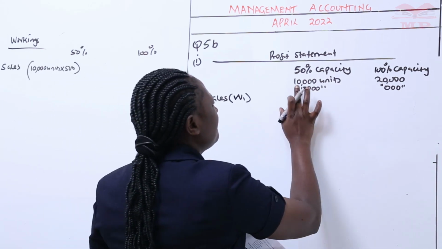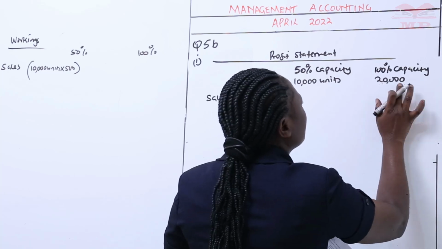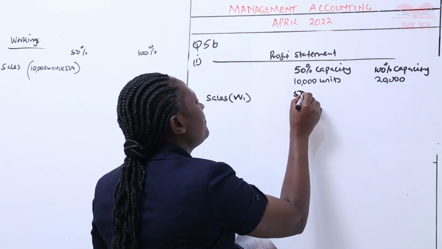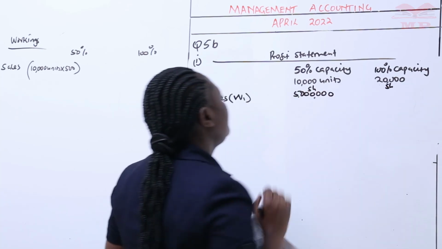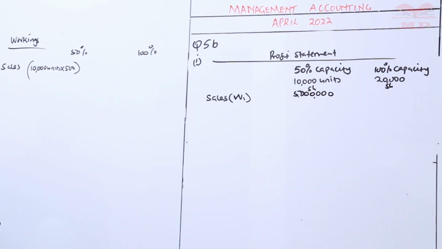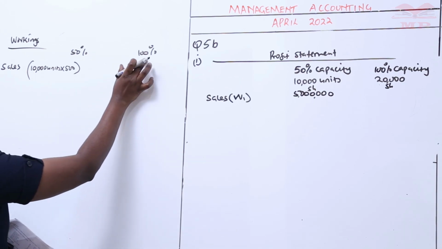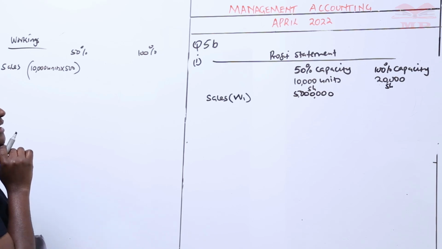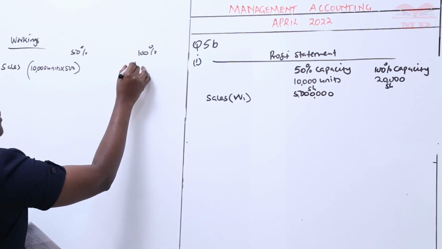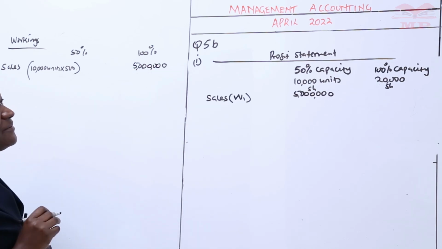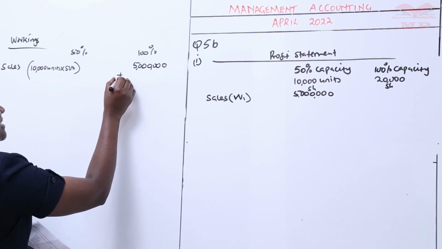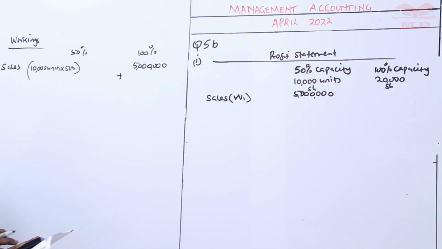So at 50%, the sales will be 5 million, and at 100%, where we have an additional 10,000, we already have 5 million represented by 10,000 units, then plus the other 10,000 multiplied by the selling price.